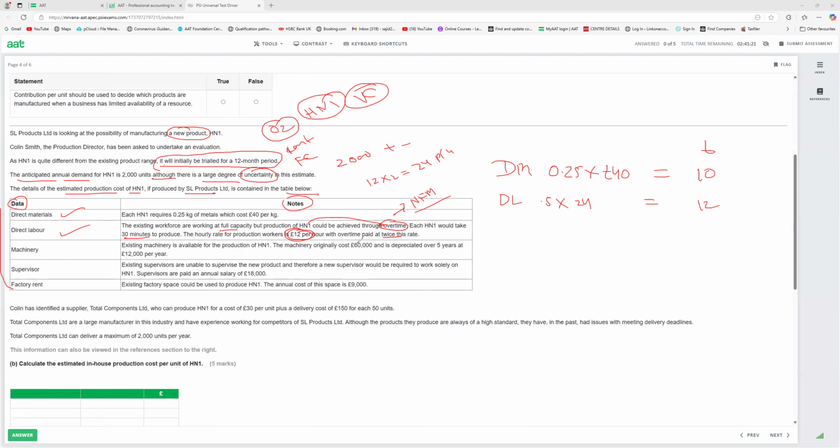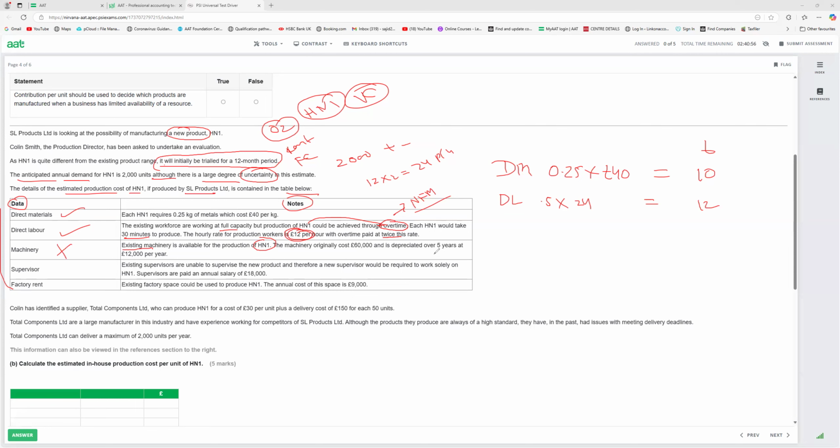But the question is, to make this HN1, do I need to buy a new machine? The answer is no, because the question is telling me that existing machinery is available for the production of HN1. So I really don't have to spend money to buy new machinery. In this case, this is not relevant to me because I'm going to use the machine the company already has.